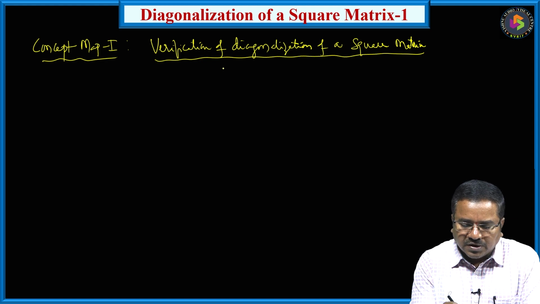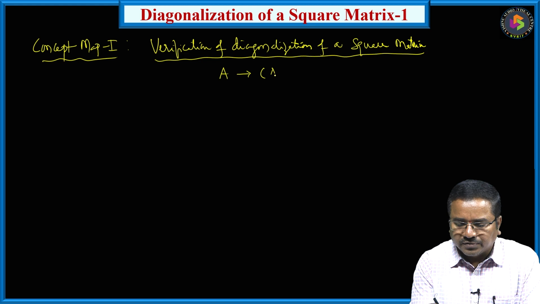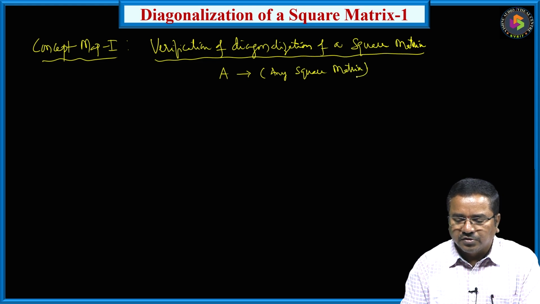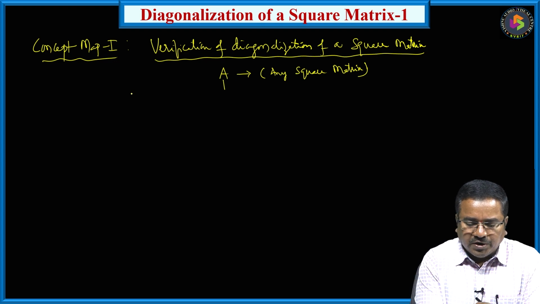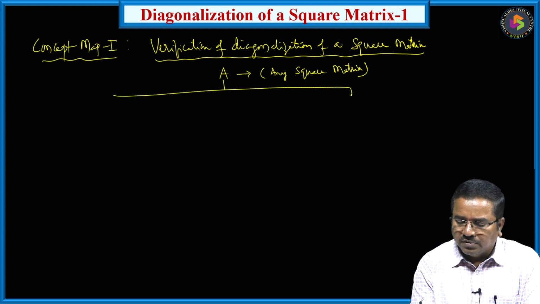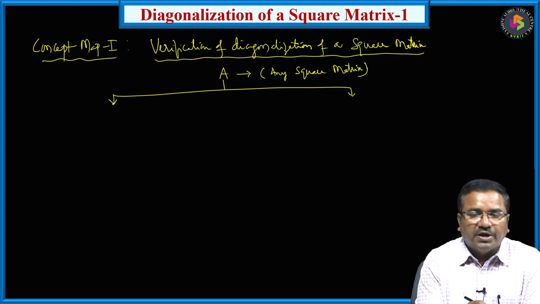So here, what I am taking is A, any square matrix. Now I am dividing this into two categories: symmetric and non-symmetric.